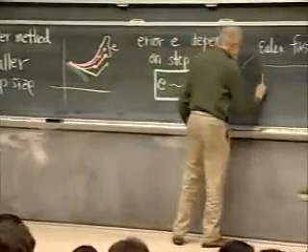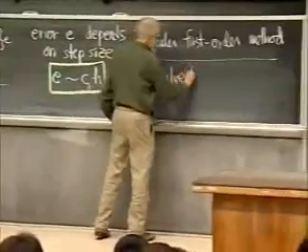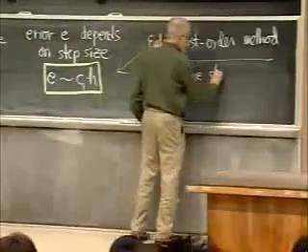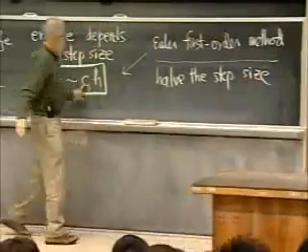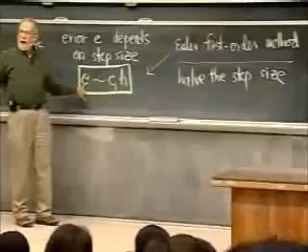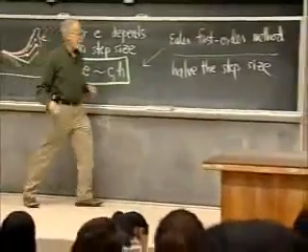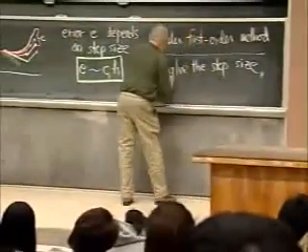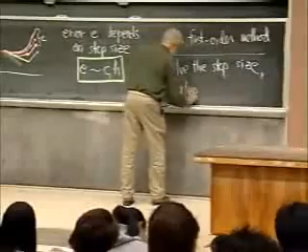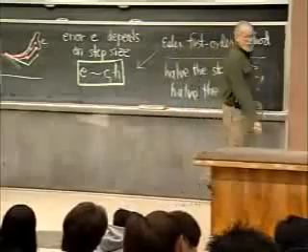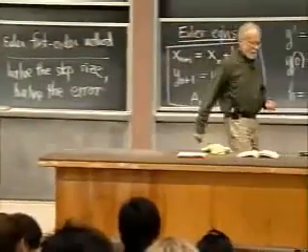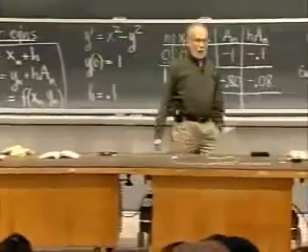If you halve the step size, since this is a constant, if I halve the step size, I halve the error, approximately. Halve the step size, halve the error. That tells you how the error varies with step size for Euler's method.